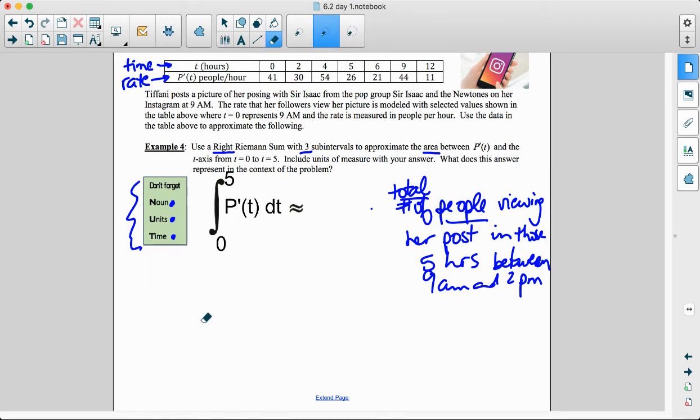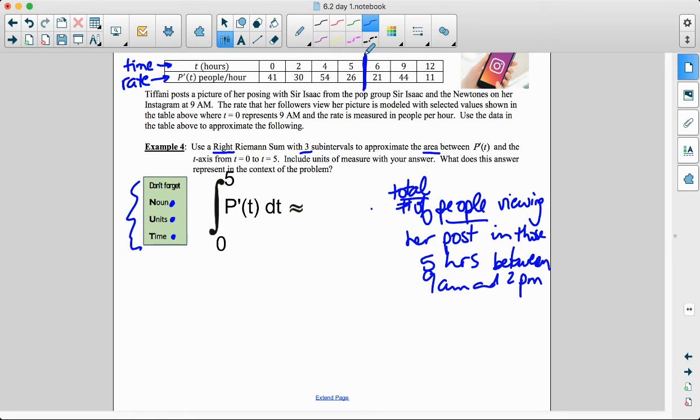So we want to break our table up into 3 subintervals. Like 0 to 4, 4 to 6, 6 to 12, or can we break it up into 3 equal subintervals? Does it say how we have to break it up? Sometimes it tells you. We're only going from 0 to 5, right?